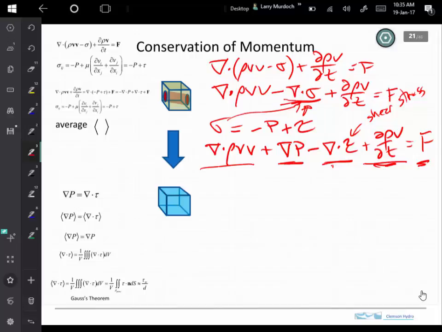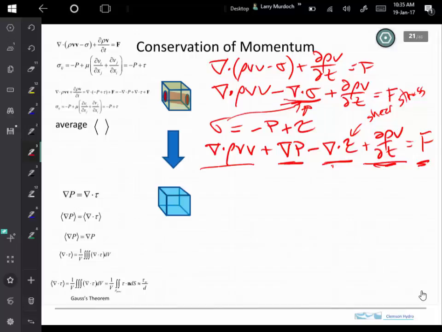What's generally done, though, is that we look for ways to simplify this equation. For flow through porous media, we've got flow through these small pores, and that is generally going to limit the velocity to quite low velocities.